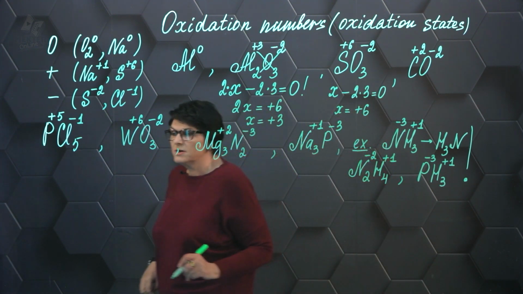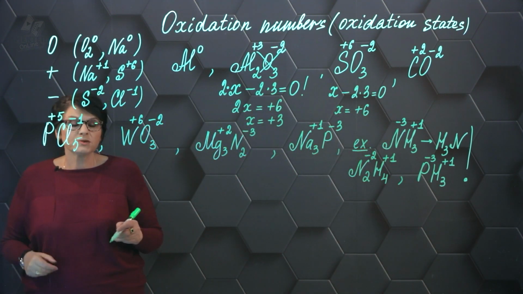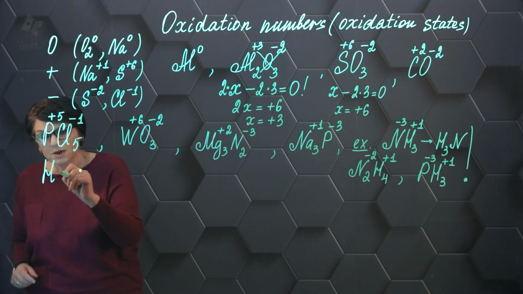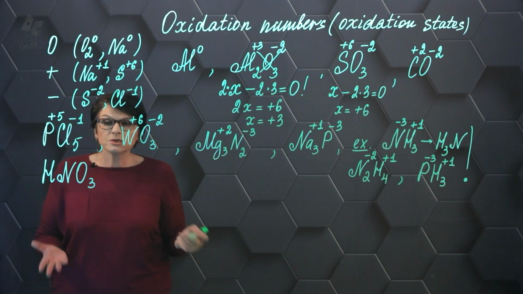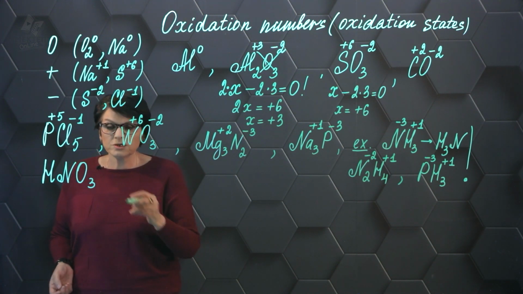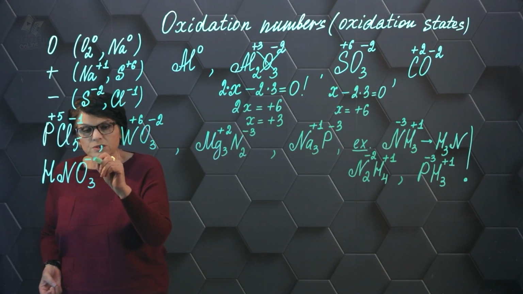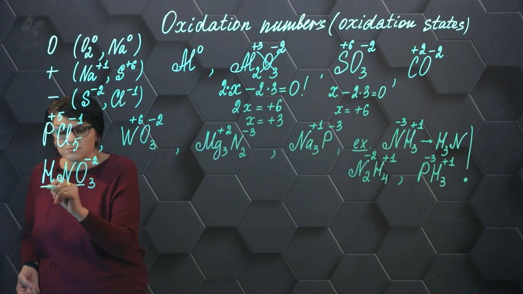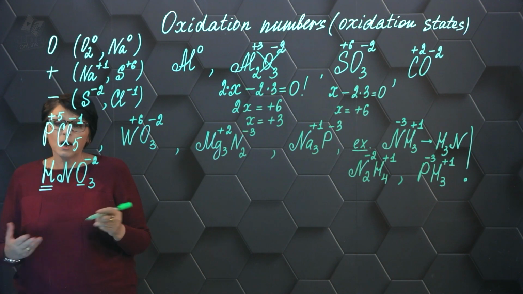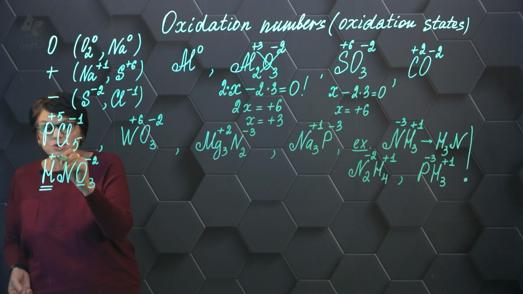Now, let's delve deeper and calculate oxidation states in more intricate examples. Let me explain this within the context of nitric acid's formula, HNO3. We approach the math in exactly the same manner as before, where oxygen carries a charge of -2. Then hydrogen has +1, of course.